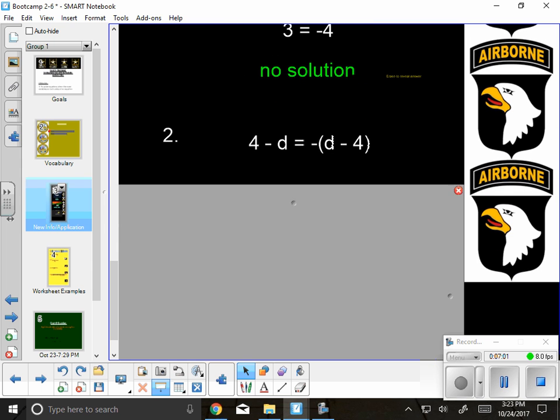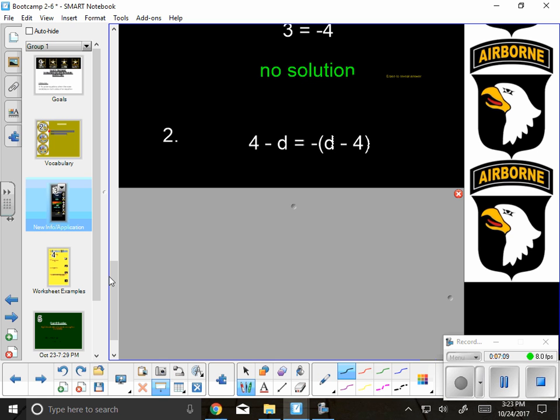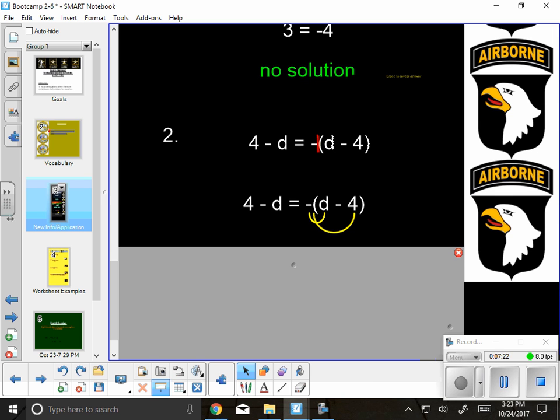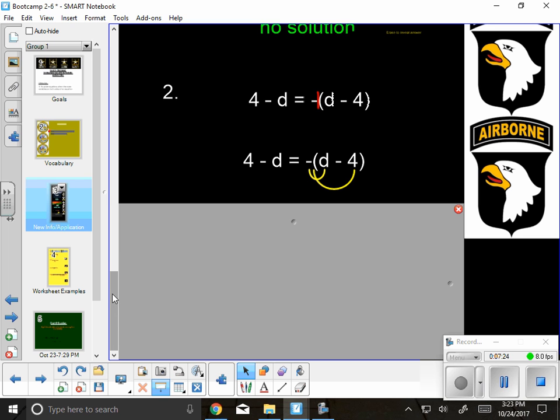Next example we have, so we have 4 minus d equals -1 times d minus 4, because remember, when there's nothing in front of the parenthesis but there's a negative, just consider it as a -1. So first we want to make sure that we do our distributive property, because who knows, maybe we'll come up with something really cool.